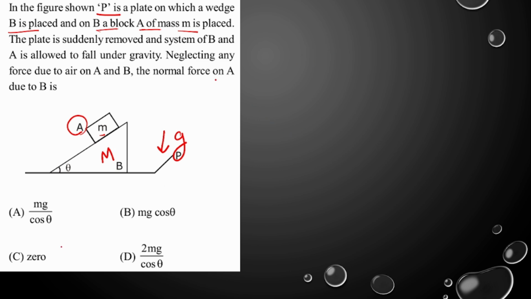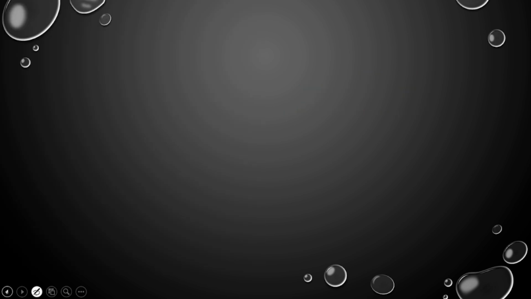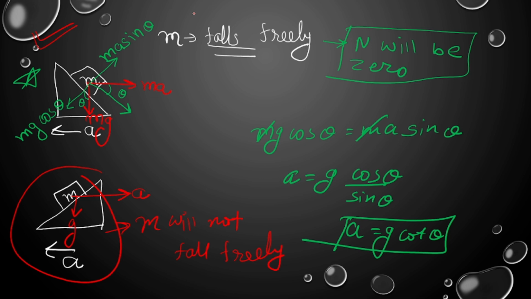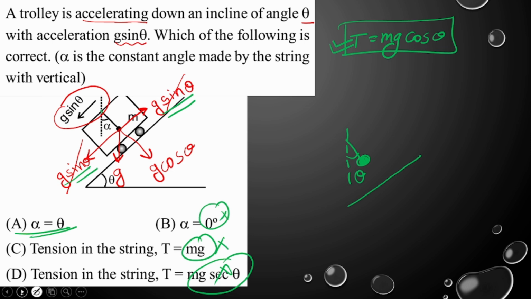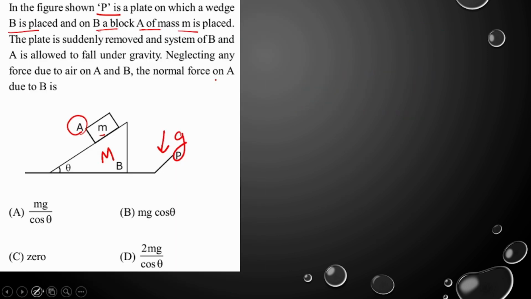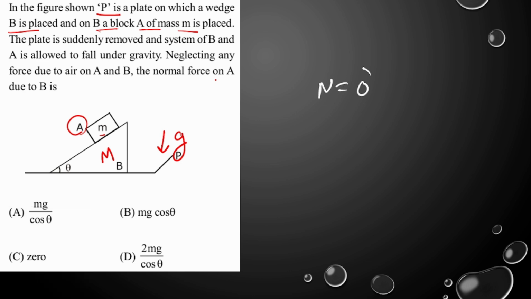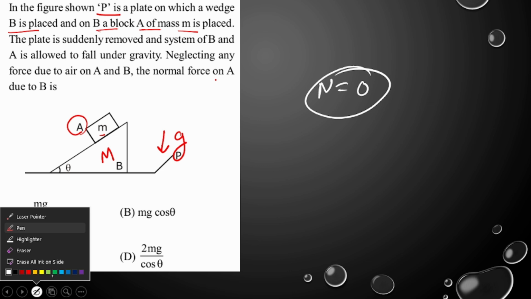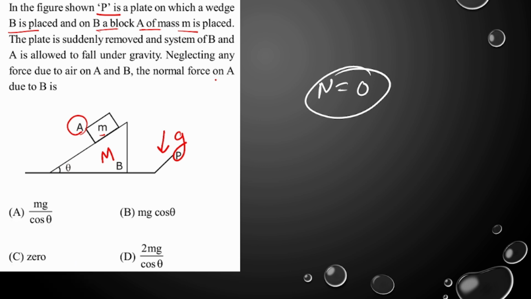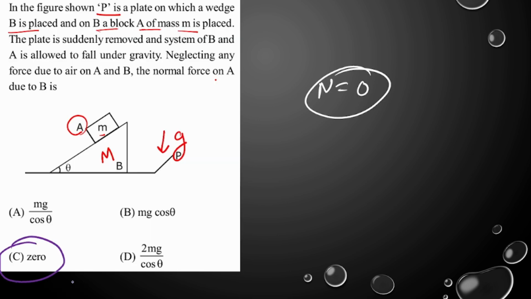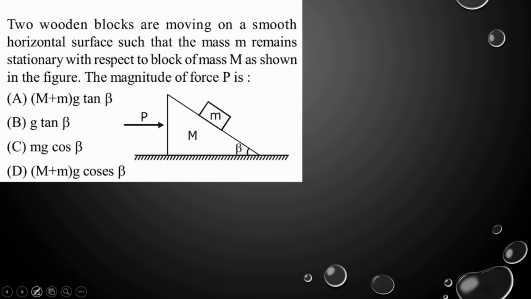See, in the very first question, when m falls freely, normal will be 0. So a similar concept will be applied here. Here we find that normal force N equals 0. No force will act on B due to A and on A due to B. So our answer will be 0. No calculation.